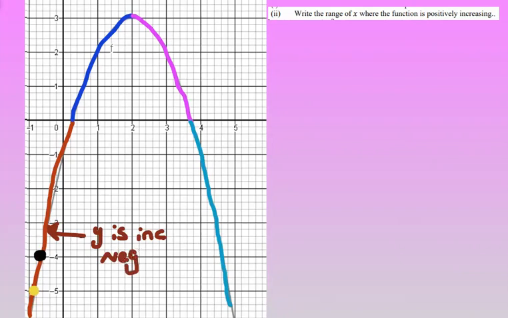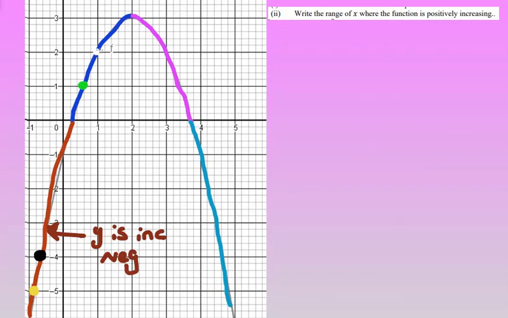All right, now let's go to the blue phase of the graph. How is the function behaving? Let's take a point on the blue part. Let's take the green point here, and a white point. Now, what's the green point's y value? It's 1.